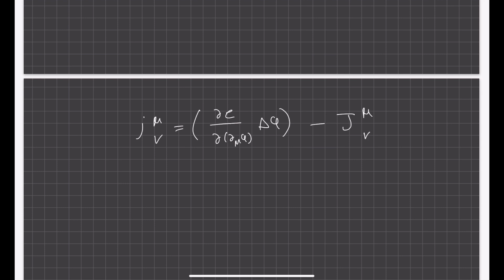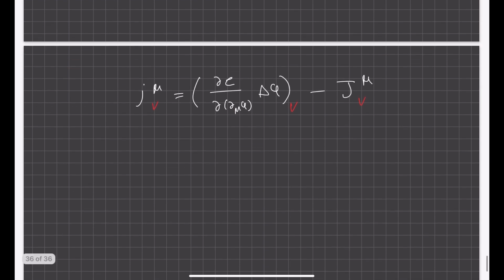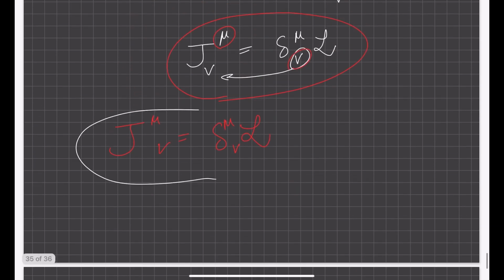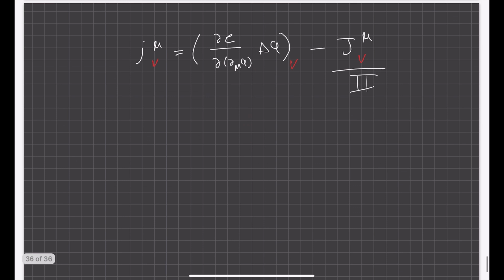So I should also add this index nu here. So let me do it with the red color. And I should also add an index nu here for this term. And I should basically make this nu also in the same term. So now how to obtain this first term here. So now I have the second term. So I got the second term here. Okay. And then I go to the first term.